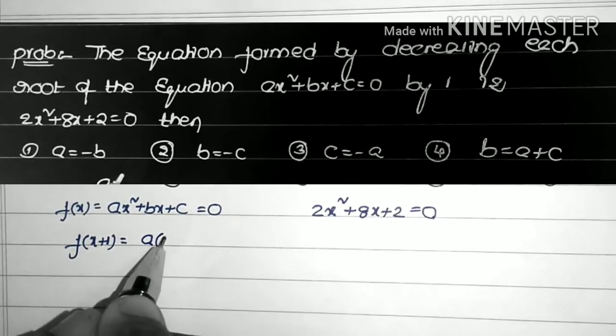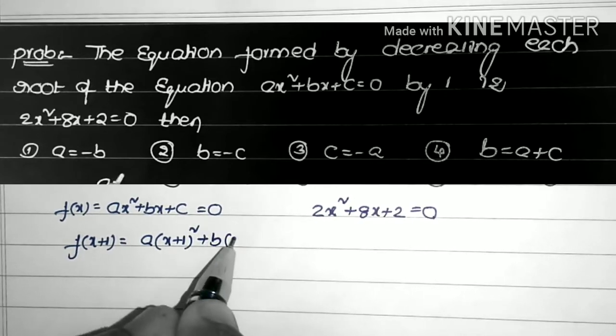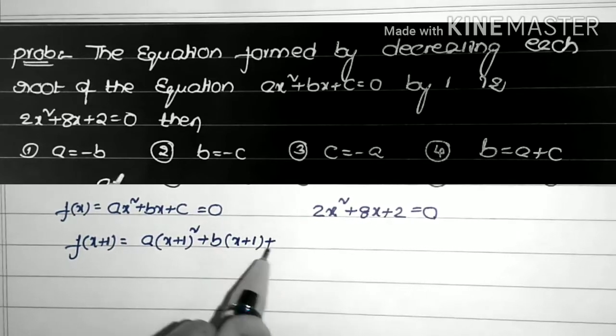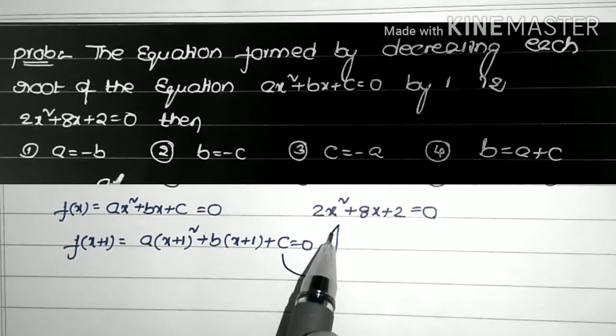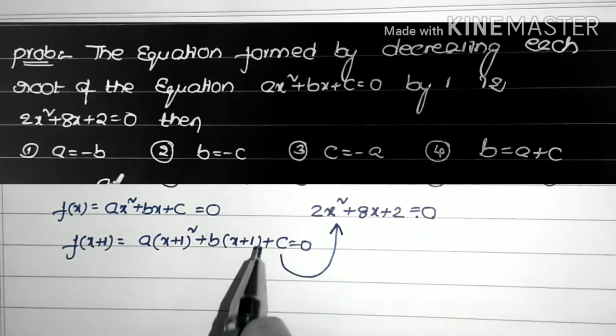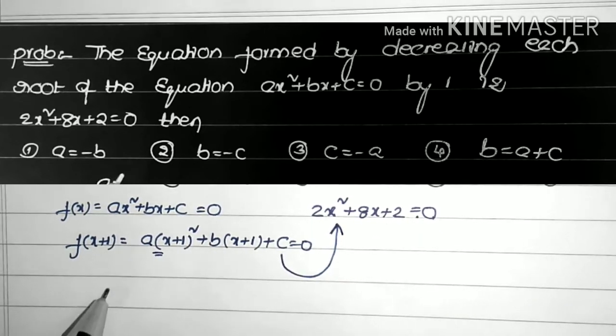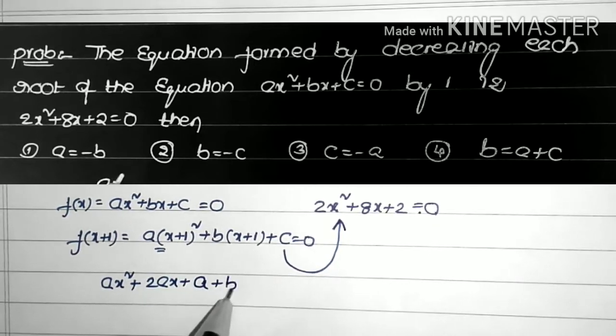That is f of x plus 1 is equal to a into x plus 1 whole square plus b into x plus 1 plus c is equal to 0. But what is given? This equation is equal to 2x square plus 8x plus 2 equal to 0. Now taking the comparison of both equations. After simplification, what we get? ax square plus 2ax plus a plus bx plus b plus c is equal to 0.